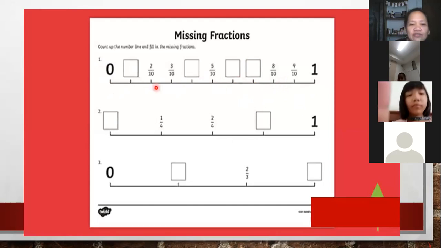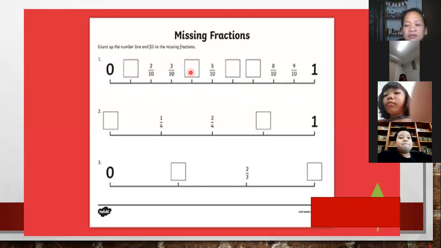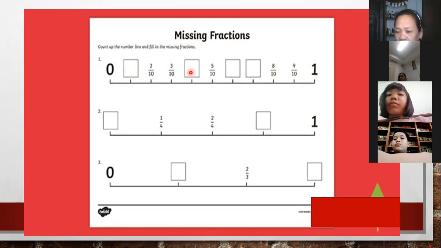So you are going to find the missing fraction. So in this box, what is the missing fraction in this box? 1/10. 1/10, okay. Next is 4/10.